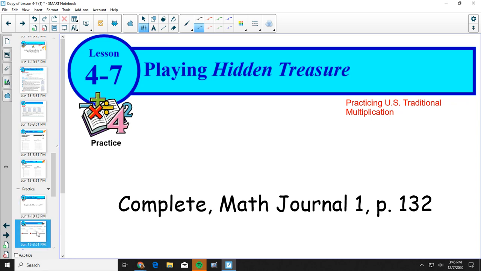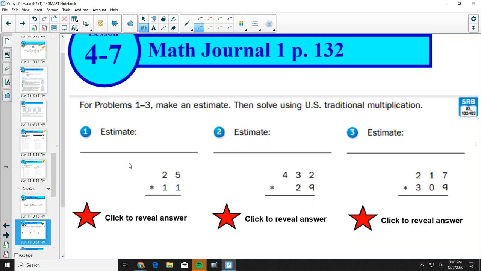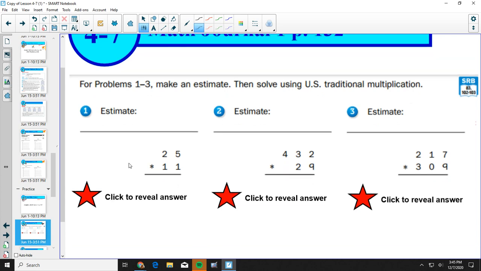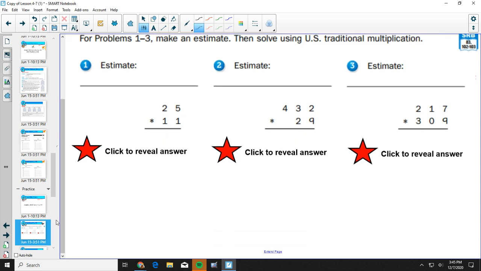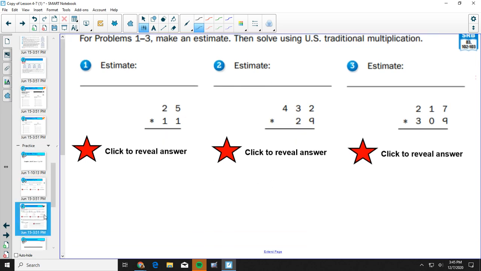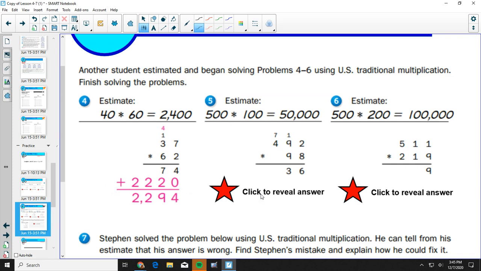Okay. Another thing that I would like you to do is just to practice some multiplication. And on page 132, you'll see that you've got 25 times 11, 432 times 29, 217 times 309. And so you'll see on 4, here's an example.